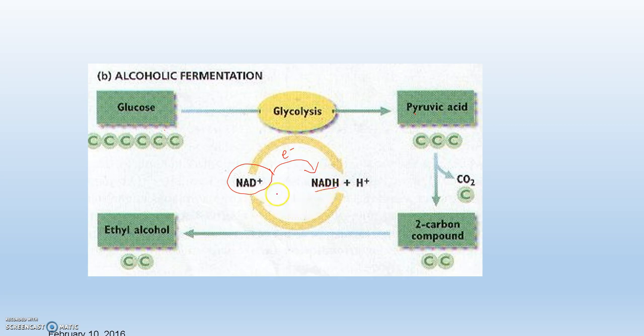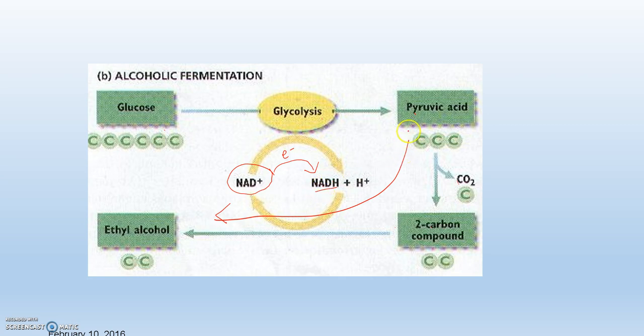Somehow we have to regenerate our NAD, because we are using all the NAD and converting it to NADH. So pyruvic acid loses one carbon dioxide and becomes a 2-carbon compound, and now this 2-carbon compound is converted into ethanol, or ethyl alcohol. Meanwhile, NADH is converted into NAD.